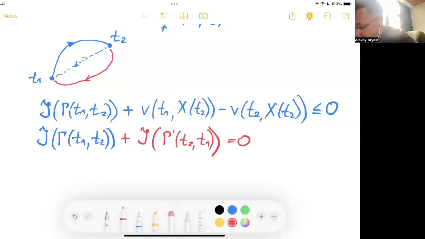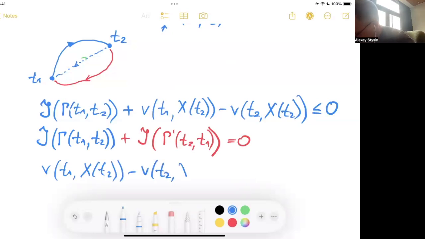So now we have that v of t1 and x of t2 minus v of t2 and x of t2 is less than or equal to minus J of gamma that goes from t1 to t2.